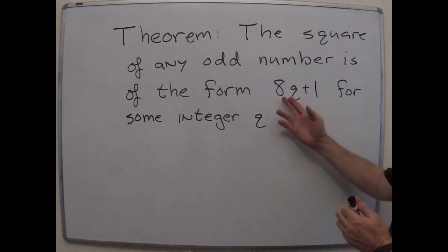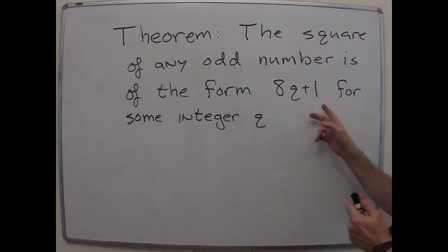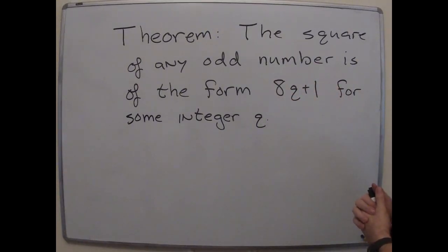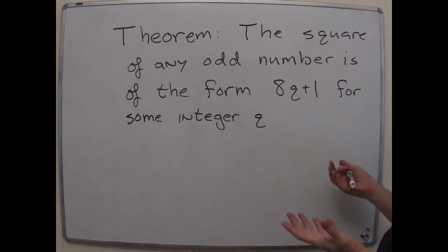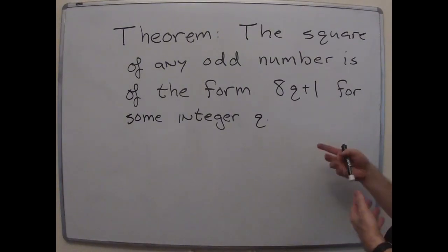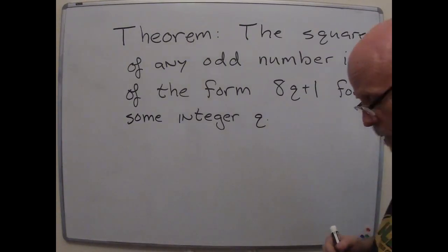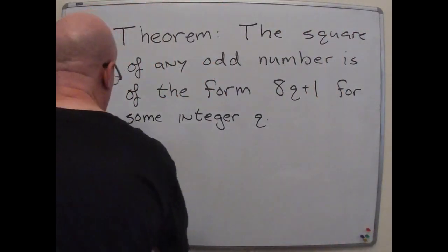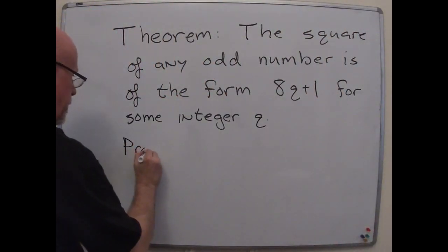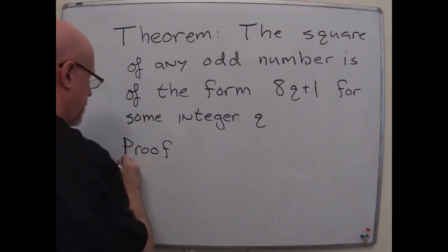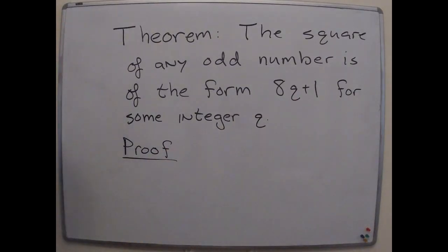What's obvious for cases is the form of this thing, where it looks like 8q plus 1. So why not use the possible remainders on division by 8? All right, so let's start a proof by saying, well, there are 8 cases to consider based on the value of n mod 8.